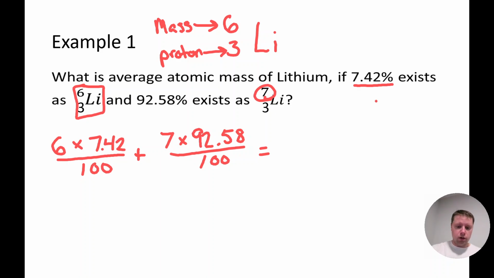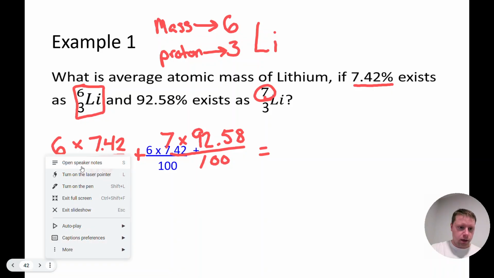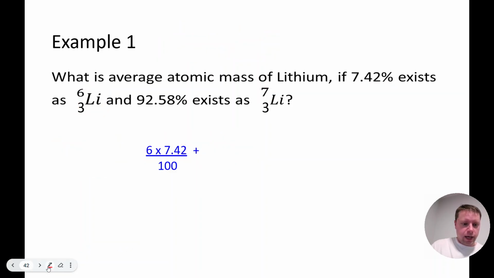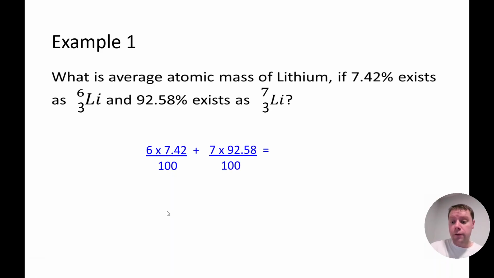Okay, so let's see what your answer should look like. So if I erase this for you all, okay? And now I look at what is given for the 2 parts. If you put it into your calculator, you should get 6.9258.